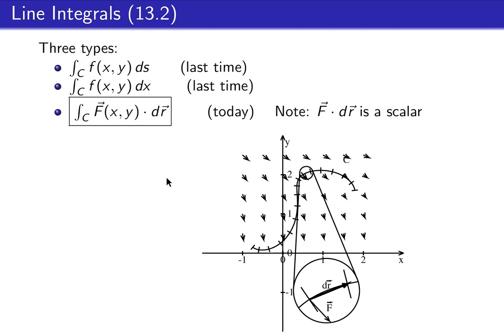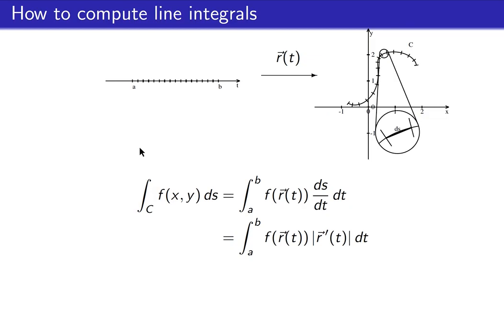Instead, I've asked you to think of different integrals as adding up lots of little pieces, and that's really the way you want to think of this. So it's not going to be an area or volume. This is adding up lots of little contributions from each of these little segments here. So that's what these line integrals mean.